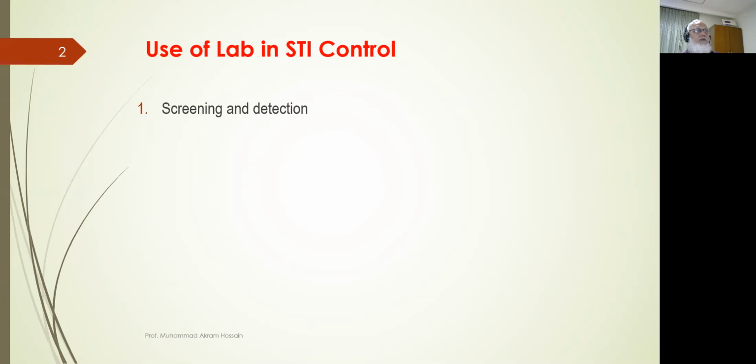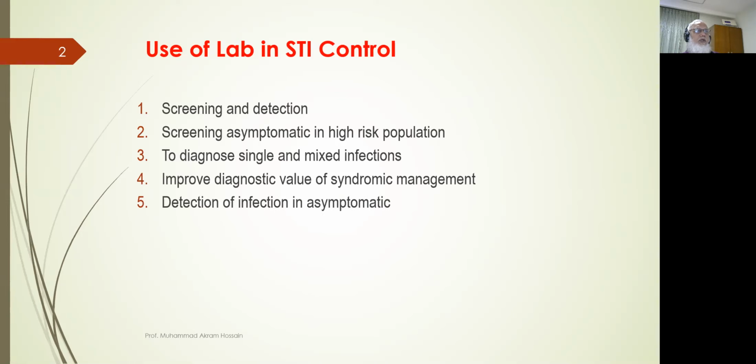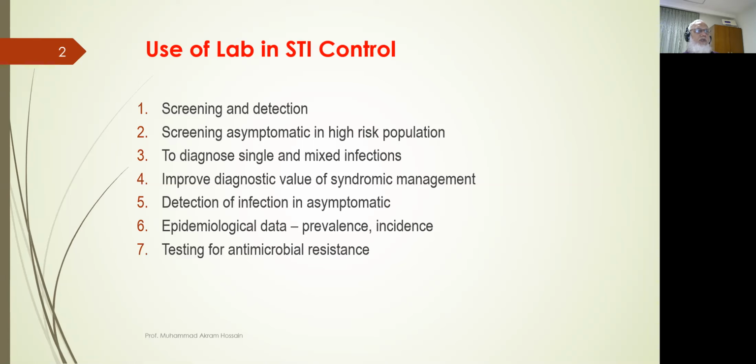It is required for screening and detection among the mass population, screening asymptomatic people in a high-risk population, to diagnose single and mixed infection, to improve diagnostic value of syndromic management, detection of infection in asymptomatic population, epidemiological data like prevalence and incidence, testing for antimicrobial resistance, sentinel surveillance, and accurate etiological diagnosis.